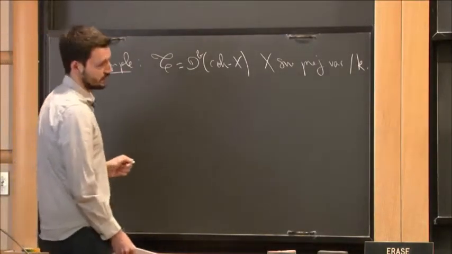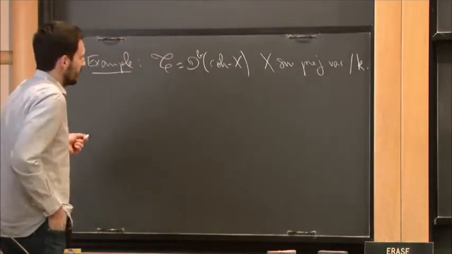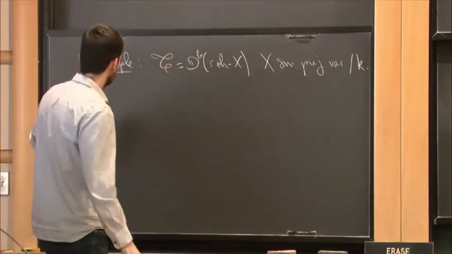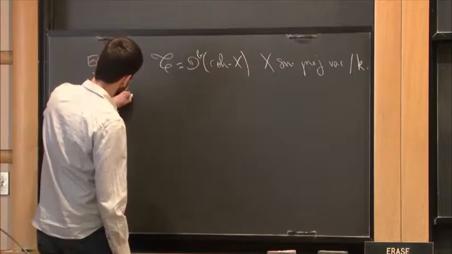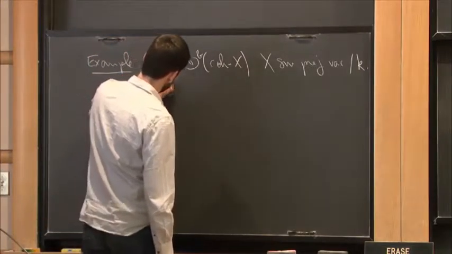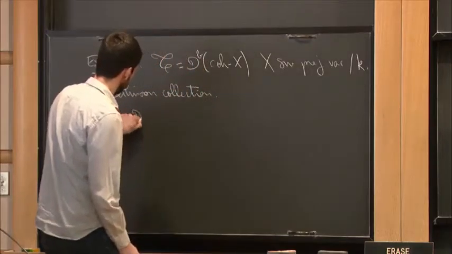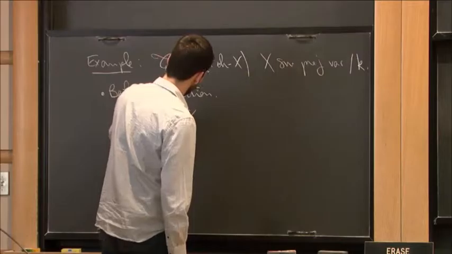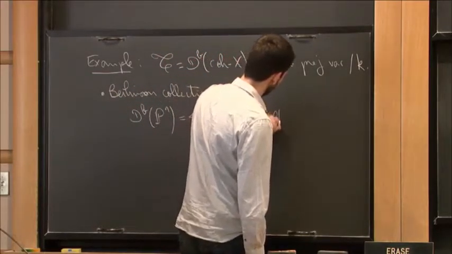Okay, so maybe the first and most famous example of an exceptional collection is the Beilinson collection on Pn. So this is dB of Pn, which is ⟨O, O(1), ..., O(n)⟩.